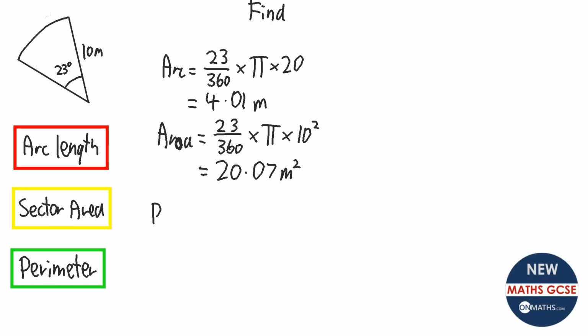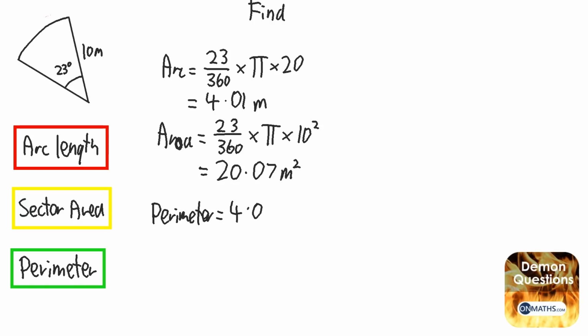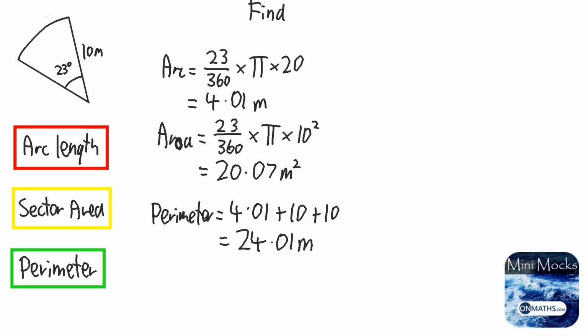And then finally the perimeter is going to be the 4.01 plus 10 plus 10, so it would be 24.01 meters.